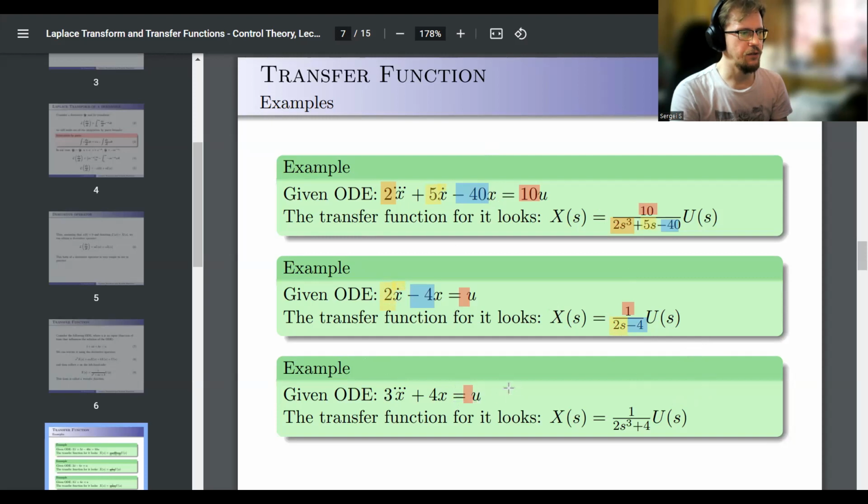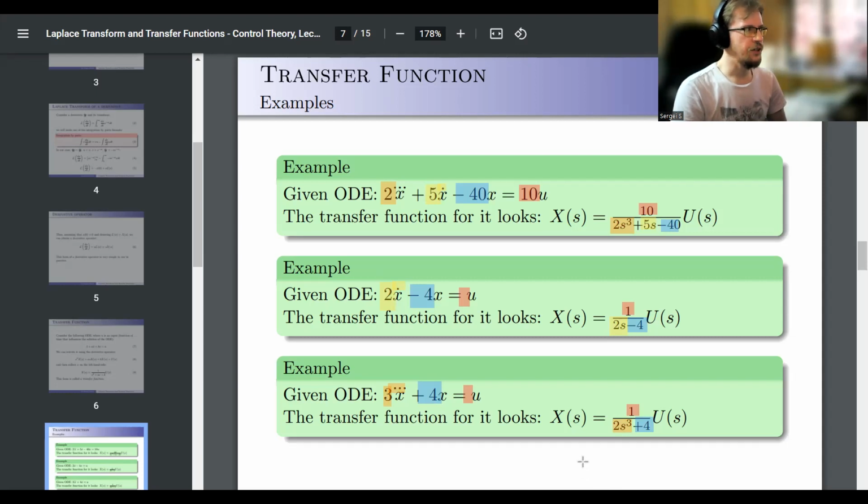Again, 1 in front of u becomes 1 here. This plus 4x becomes plus 4. And this 3x triple dot becomes 3s cubed here. Okay. So this is a transfer function representation.